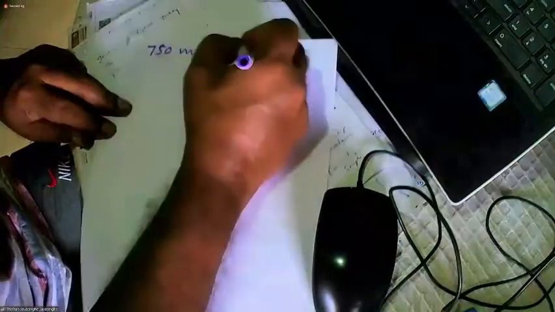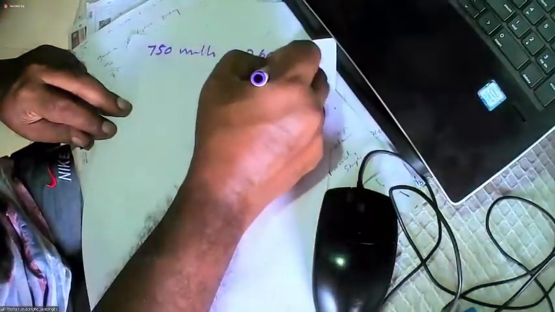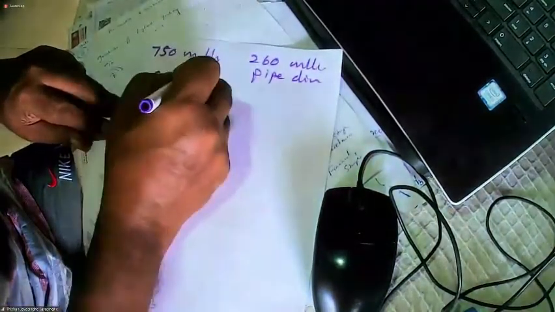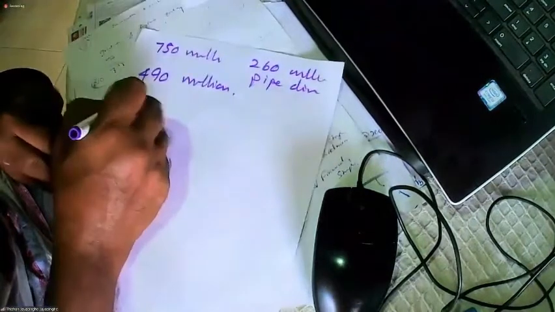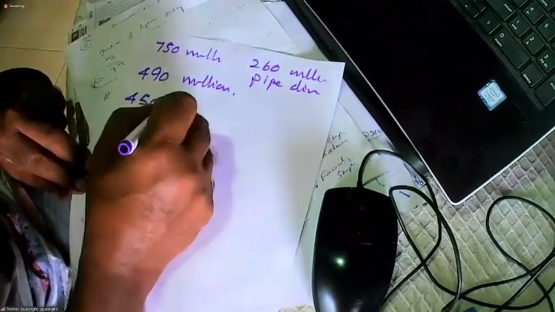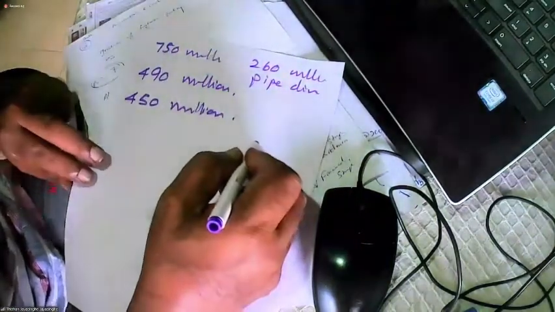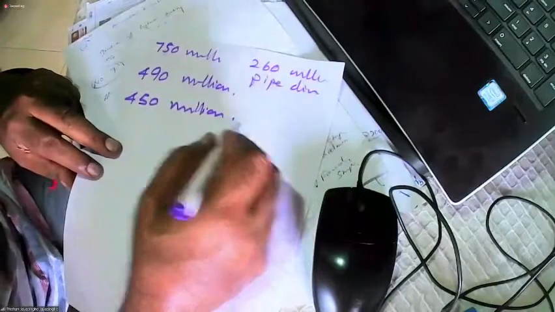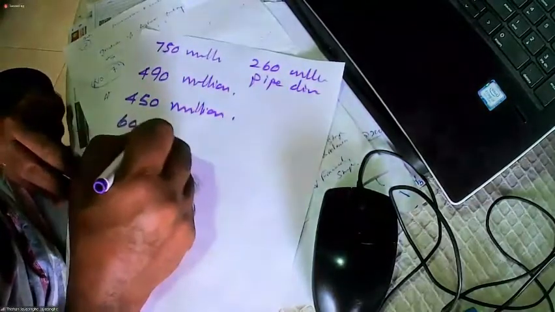So out of 750 million, 260 million was pipe diversion. Contractor was given as 490 million. So finally the contractor did the project for about 450 million, and RDA said they have to give a discount to accept the design, and the pipe diversion cost was 60 million.